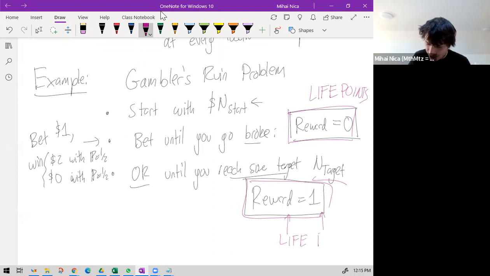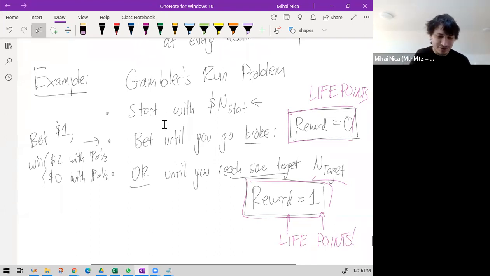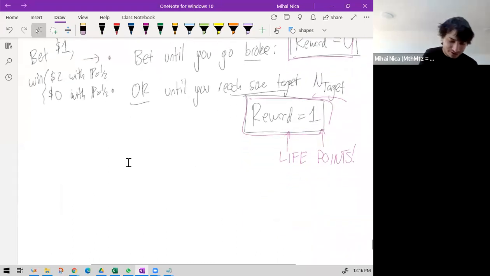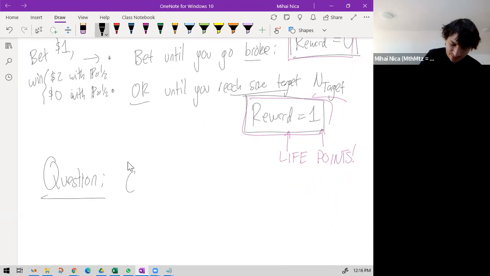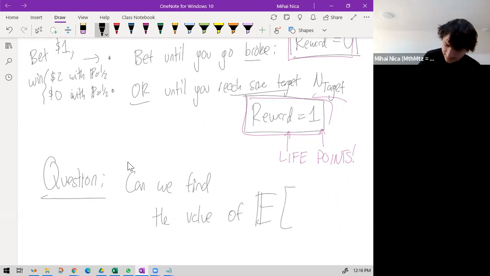These are the things you actually care about. So in this situation, the gambler doesn't care about money at all. All he cares about is life points. And the question is, and this is always the question we're going to answer, can we find the expected value of the rewards?